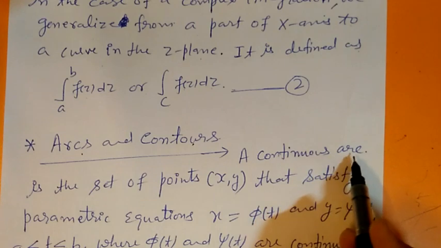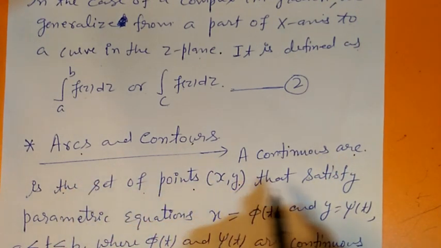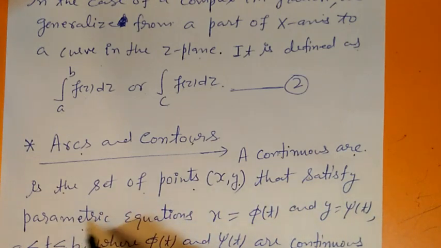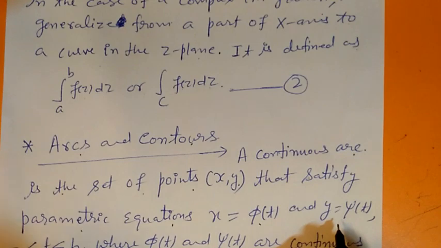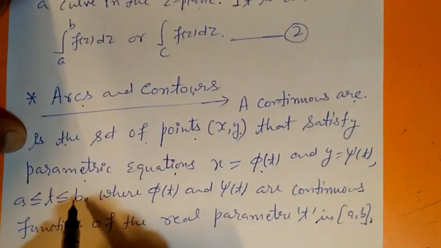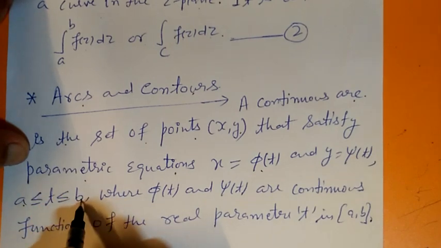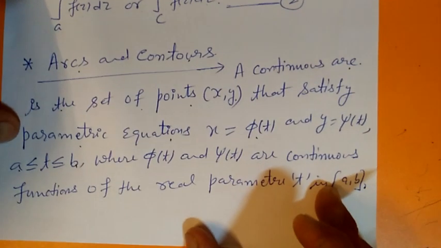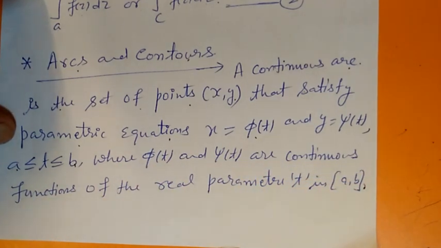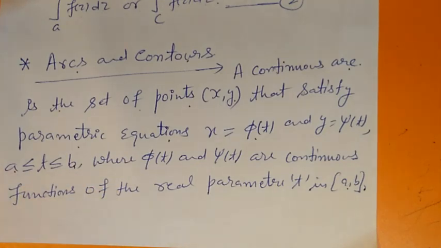A continuous arc is the set of points (x, y) that satisfy the parametric equations x equal to phi of t and y equal to psi of t, where t belongs to the closed interval [a, b], where phi(t) and psi(t) are continuous functions of the real parameter t in the closed interval [a, b].